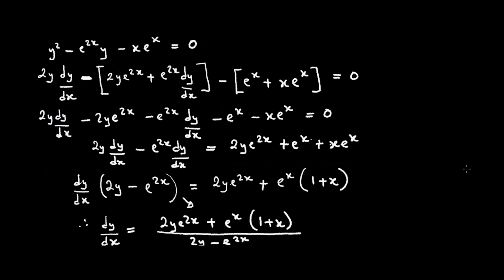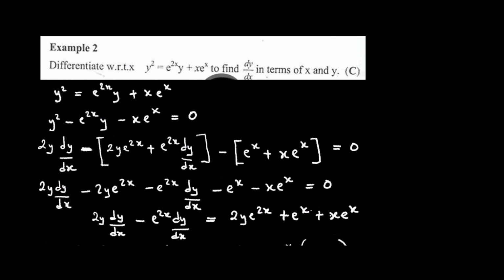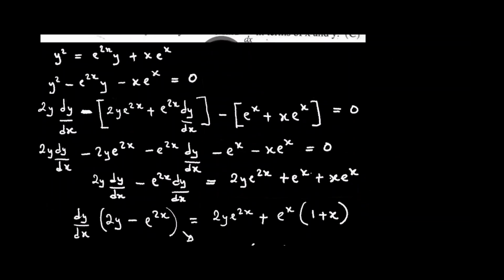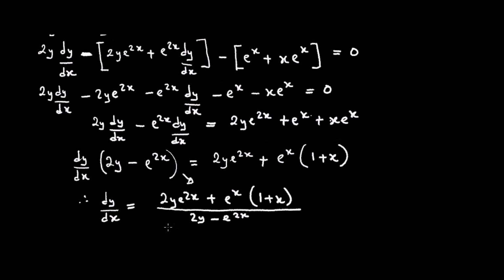As we said before, once we have finished we go back to the question to see what was asked. Differentiate with respect to x, to find dy dx in terms of x and y, and we have dy dx in terms of x and y in this final answer.